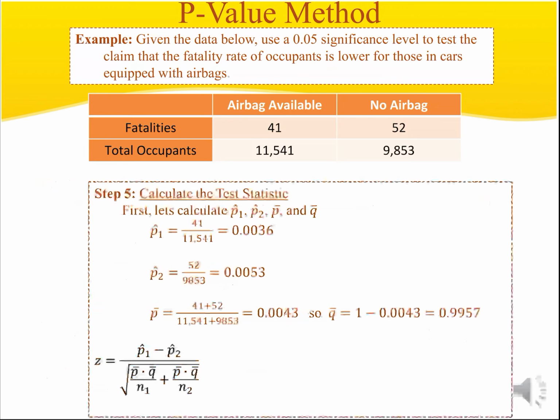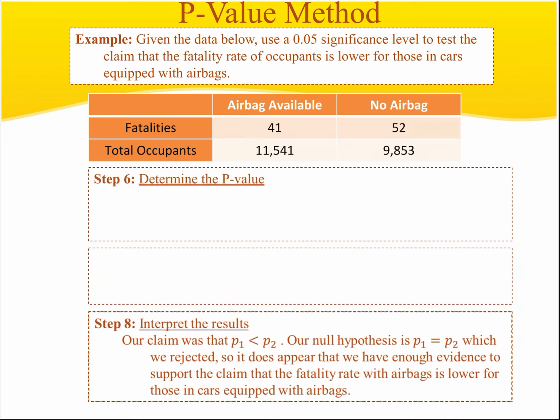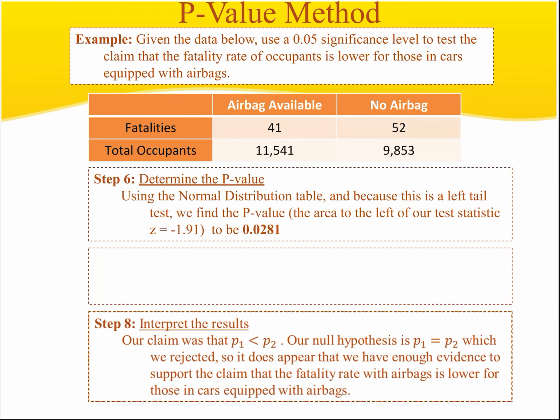So we take those values and plug them into our test statistic formula for z. What we get is negative 1.91. Okay, so remember, this is our test statistic. If we're using the p-value method, the next thing we need to do is find the p-value.